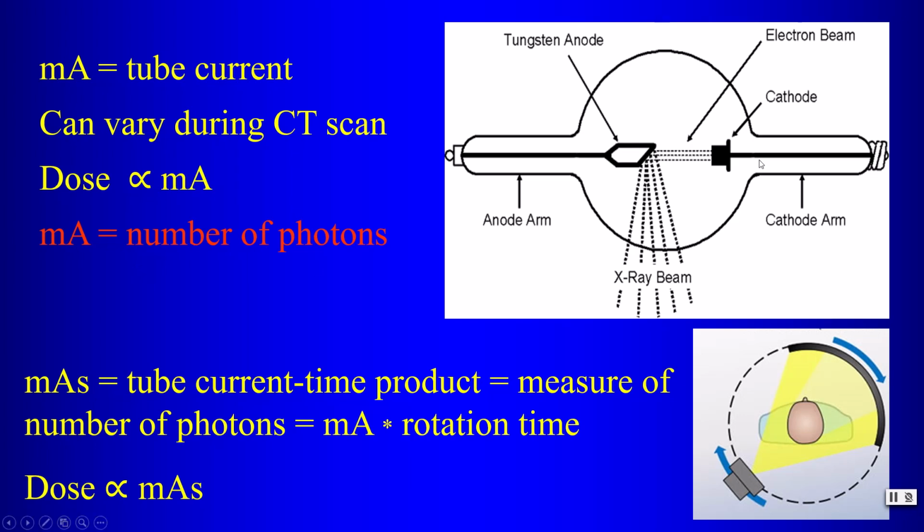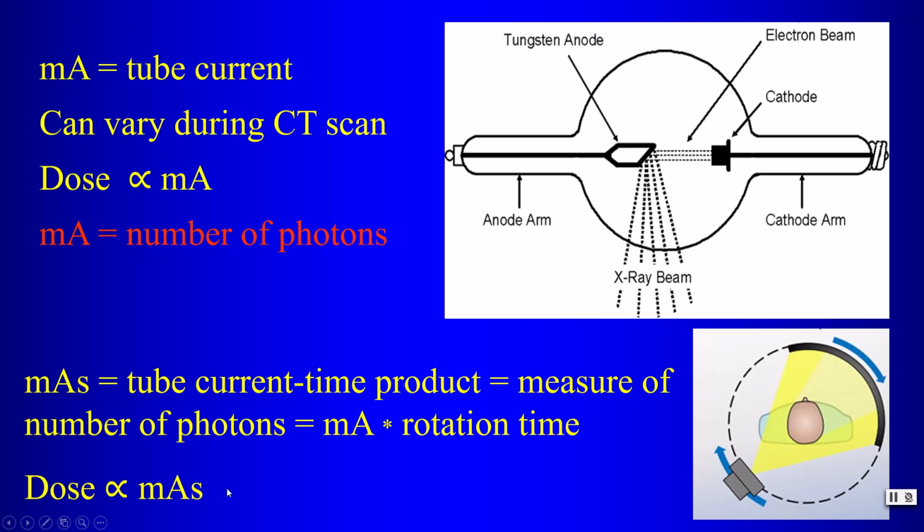As we increase the tube current, as we increase the number of electrons flying across and hitting the target, we increase the number of photons, and you can think of that as a direct relationship. The mAs is the tube current-time product, so it's a measure of the number of photons times the rotation time, so the dose will be directly proportional to the mAs.